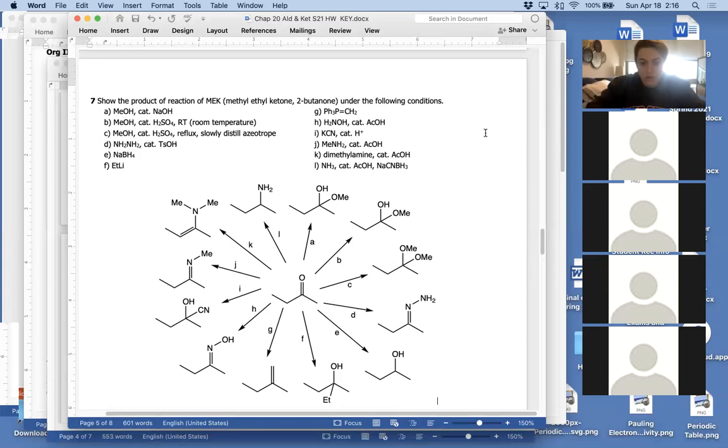So for J, we're in acid, but we have a nucleophilic nitrogen. Well, it's only catalytic acid, so you've got free nitrogen at the same time. So then I attacked with the nucleophile first. Yeah, that's fine. That's acceptable.